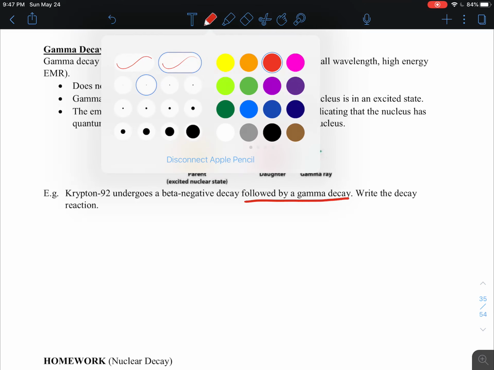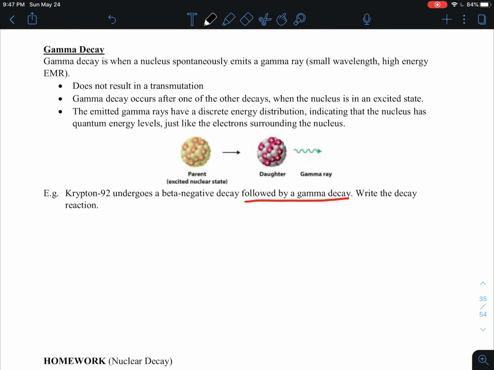So let's go ahead and try this example here. So it says that krypton 92. So we're going to say 92, krypton, Kr. Take a look at our periodic table. We see that krypton is number 36. Undergoes beta negative decay.